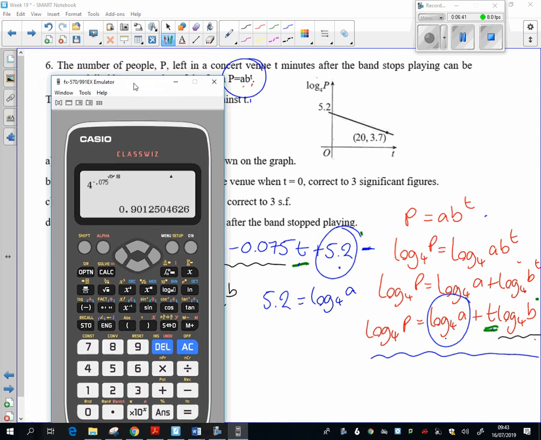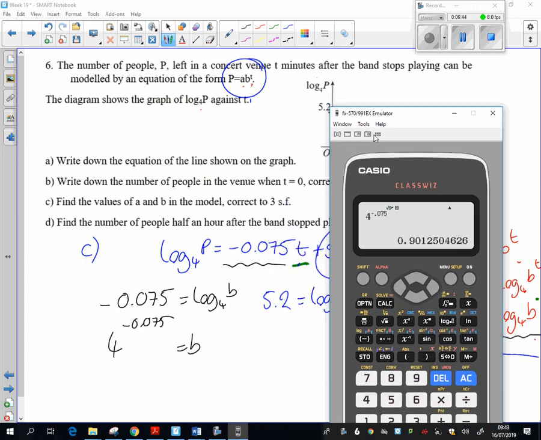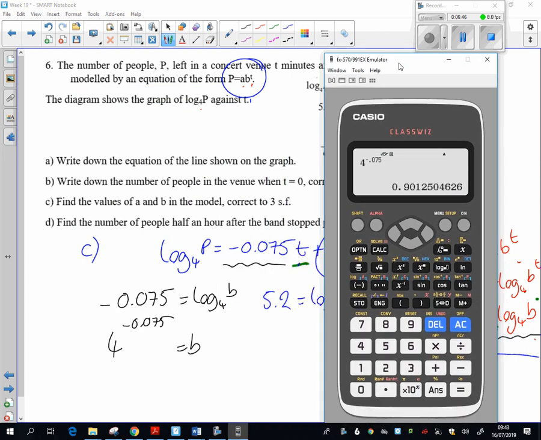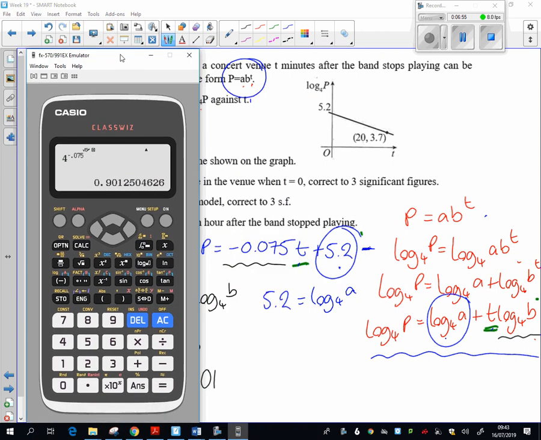It says 3 significant figures, so I'm going to put that b is 0.901, and then a is going to be 4 to the power of 5.2, so a is 1350.